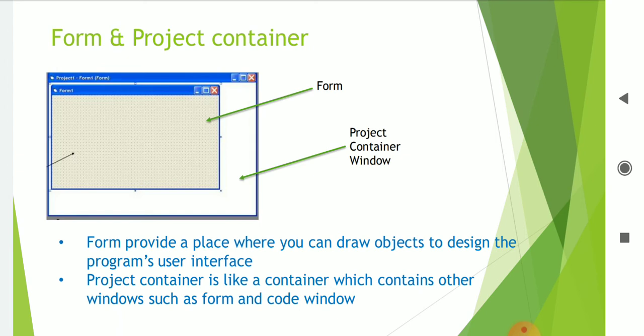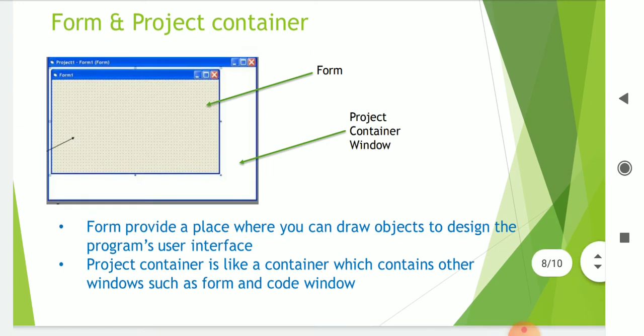Code window means when you double click on the particular object, if you want to write the code of this object, then the code window will also open in the project container window. So the project container window is a place where the form will open, and the code window will also open in the project container window itself.